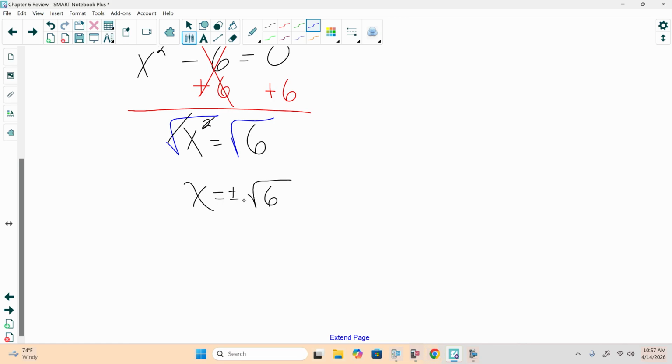And whenever we take the square root of both sides, we do have to put the plus or minus. So really we have two separate answers here. We have x is equal to square root of 6 and x is equal to negative square root of 6. We do have two separate answers, and we will need to check both of them to make sure that they work.